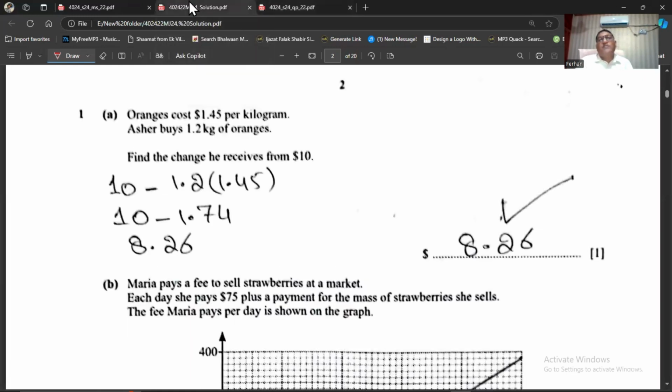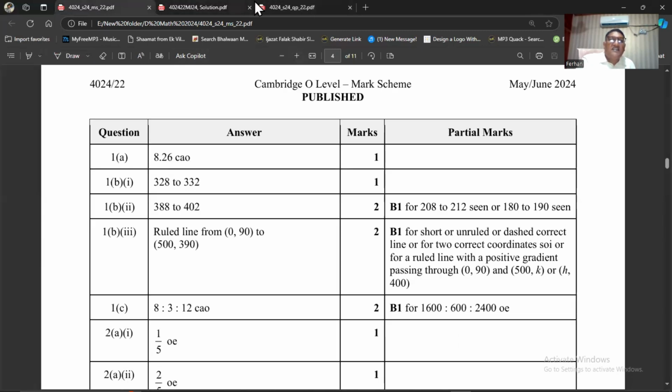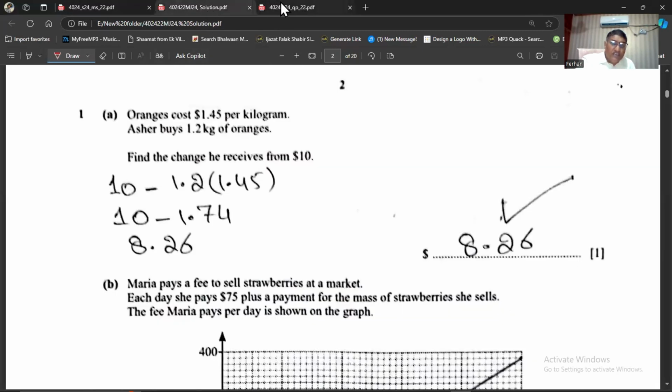So 10 minus 1.2 times 1.45. You are allowed a scientific calculator, so simply enter this in your calculator. 10 minus 1.74, and you will get 8.26. So he will get a change of $8.26. $8.26 is the answer. So this is the solution.